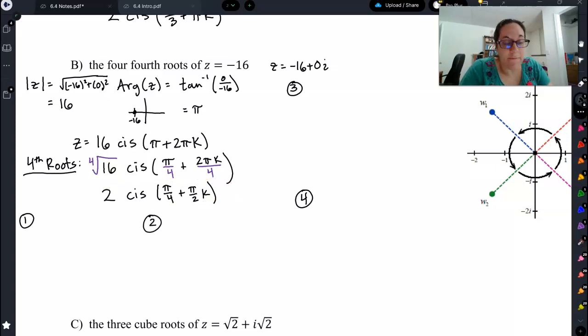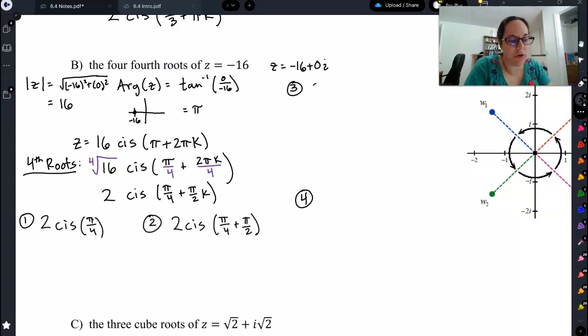Now remember, this is the fourth roots, so I should have 4 answers. My first one is just my regular argument. And then for each of the consecutive ones, I'm adding pi halves to the argument.